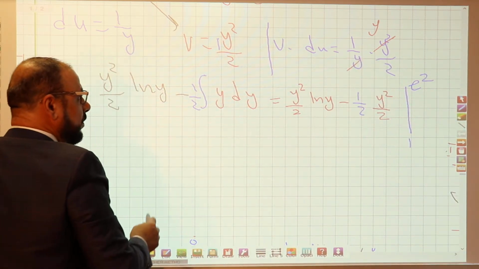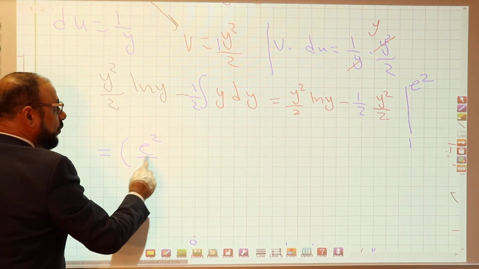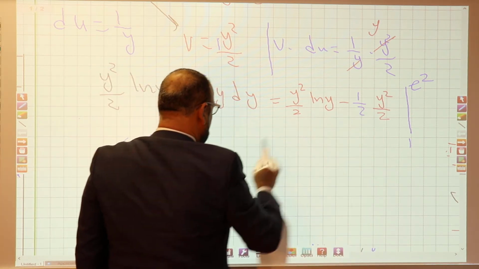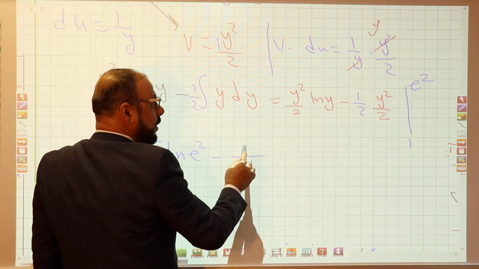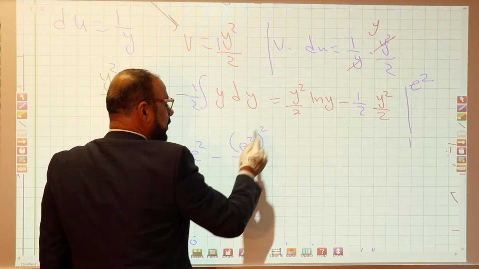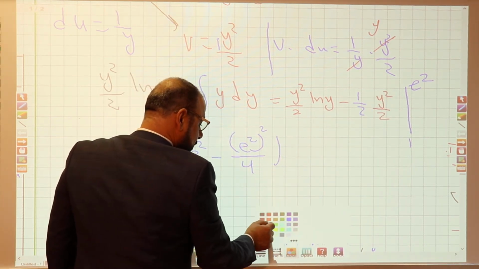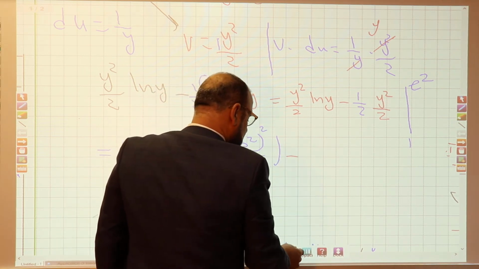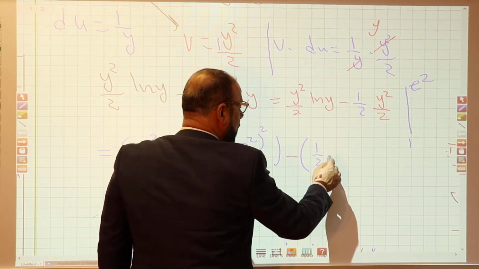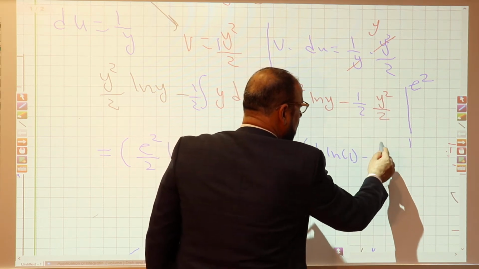Now plug in your numbers. It equals e squared over 2 ln e squared minus, 2 times 2 is 4, e squared squared, since y is e squared, all minus 1/2 ln 1 minus 1 squared over 4.